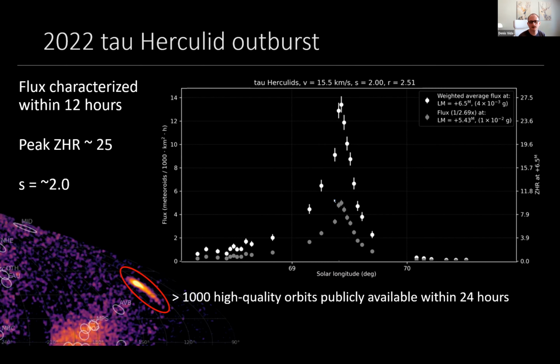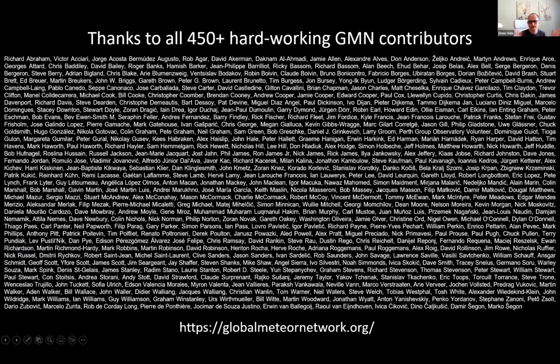We got the flux profile within that time, and we measured a peak ZHR of about 25, but because the shower is so low velocity, it might be really hard to convert nicely between the flux and the ZHR, as someone previously mentioned. And because we didn't have really good coverage in this area, we actually missed the first maximum that some people have observed. And that's it.